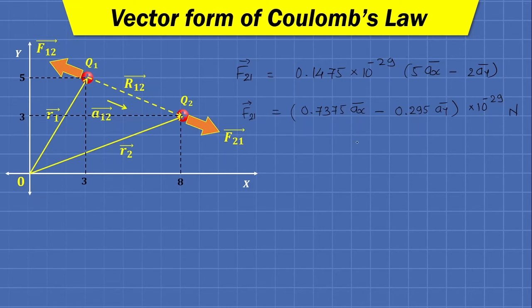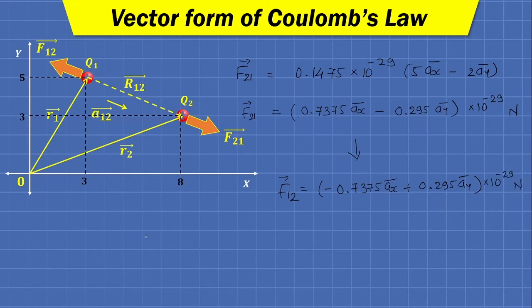Now for the force F12, we can simply say that the magnitude will be the same, only the direction will be changed. So F12 can directly be written as minus 0.7375 ax bar, and this will become plus 0.295 ay bar into 10 raised to minus 29 Newton.